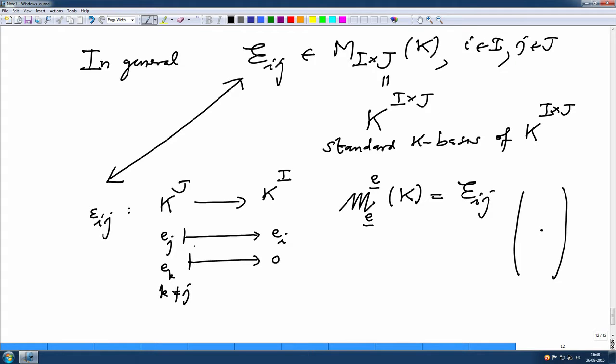Therefore, the jth column in this matrix of epsilon ij, I have again written this k wrongly, this should be small ij, is the standard vector Ei. That means at the ith position there is 1, that means the ith row has 1, and this is the jth column. So these are the matrix units.